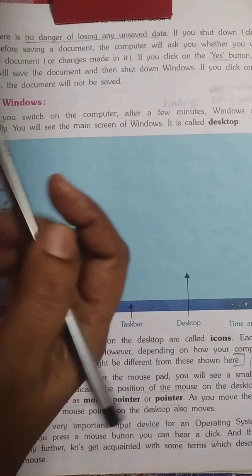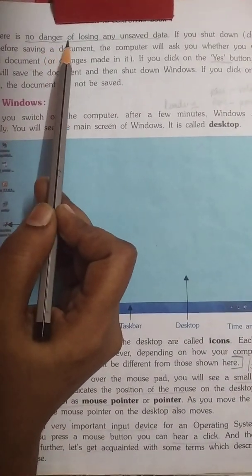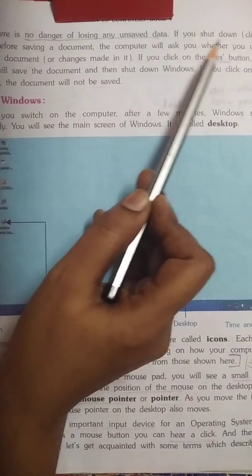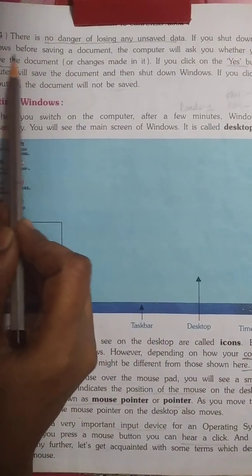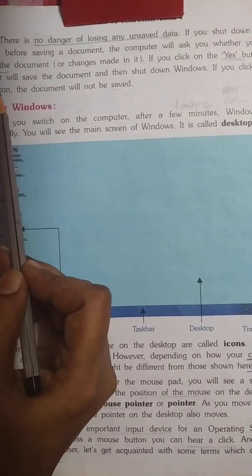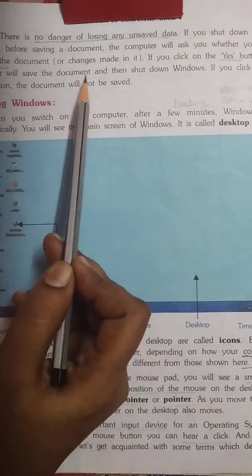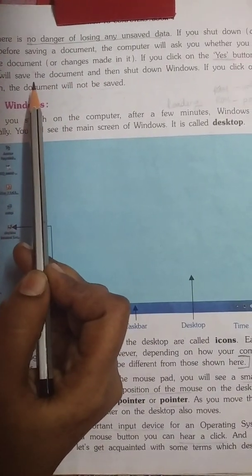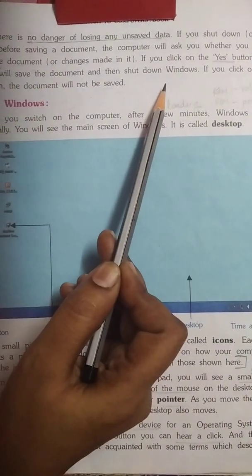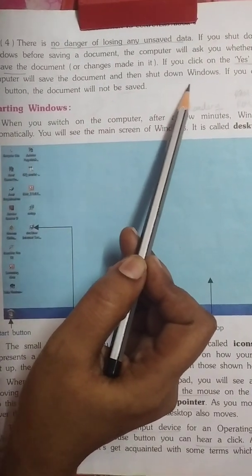See, if you forget to save, there is no danger. Before shutting down, Windows will ask you whether you want to save the document or not. If you want to save, you click on the Yes button, and if you don't want to save, you click on the No button. This is one of the most striking features of Windows.